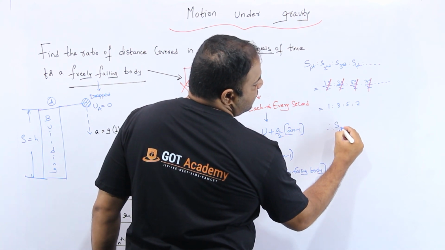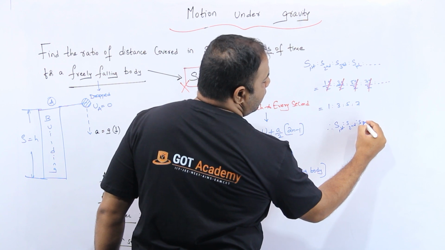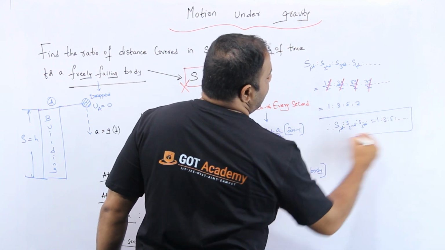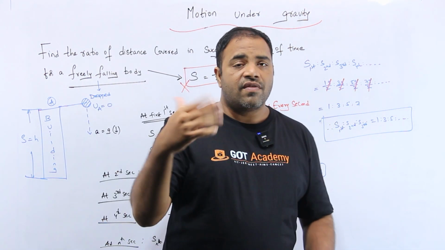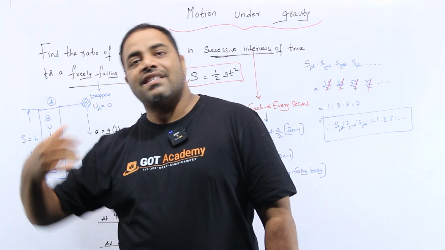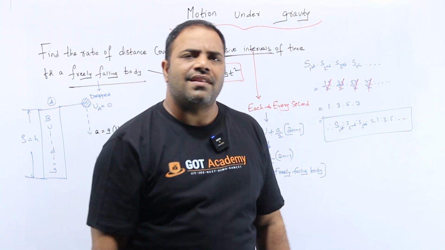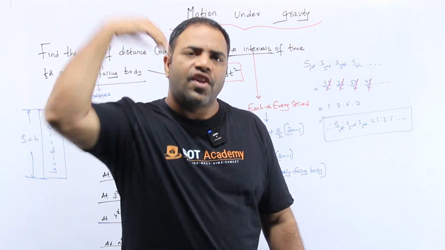Therefore, distance traveled in first is to second is to third and so on is 1:3:5 and so on. All are odd numbers. In the previous case, when you tried to find the ratio of distance of a freely falling body for 1 second, 2 seconds, 3 seconds, 4 seconds, 5 seconds like that, you got all squares of the natural numbers. That is 1 square is to 2 square is to 3 square is to 4 square and so on.